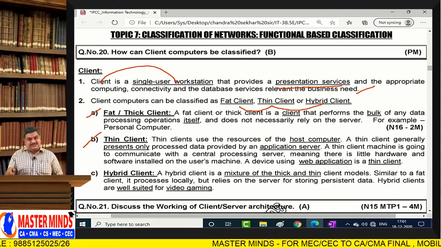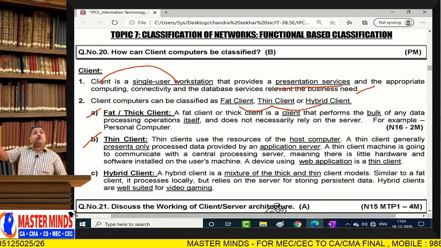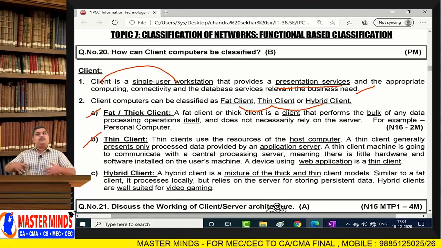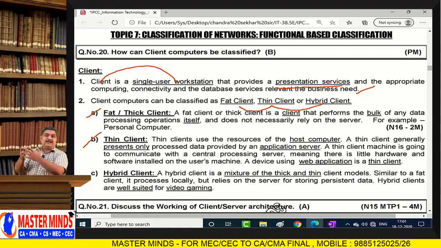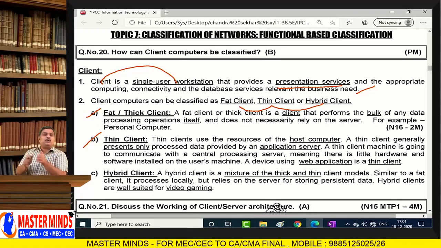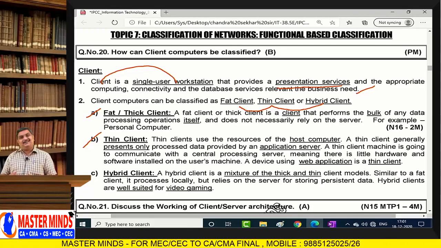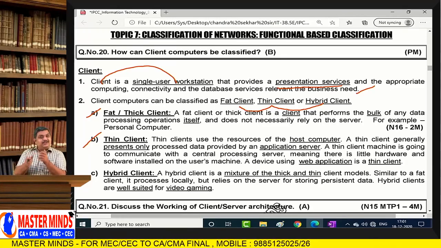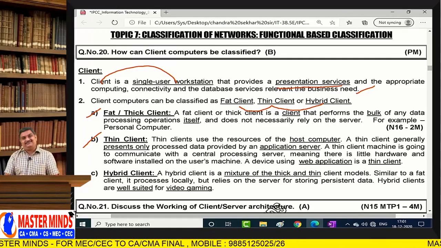We generally use the terms remote and local. Local means where we are. Remote means somewhere else, where data is coming from. I am using Google, and data is coming from the US. That is a remote server. And whatever gadget I have in my hand is a local thing.